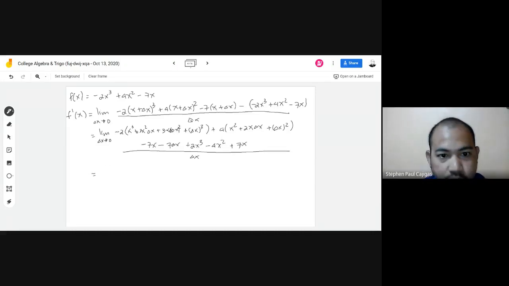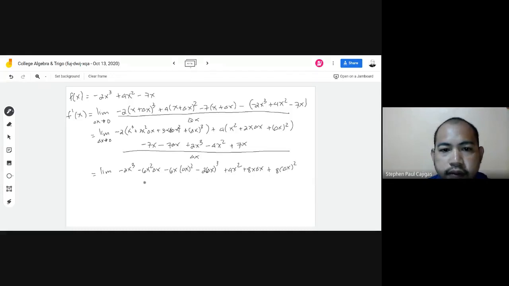So this time, let's distribute. So we will have negative 2x cubed minus 6x squared delta x minus 6x delta x squared minus 2 delta x cubed, plus 4x squared plus 8x delta x plus 4 delta x squared minus 7x minus 7 delta x.